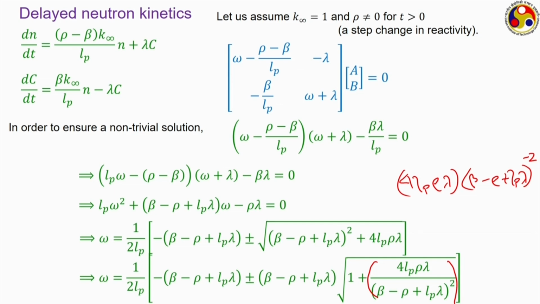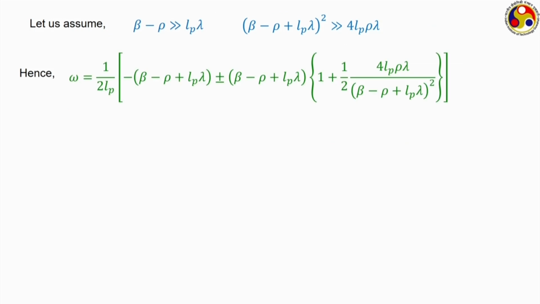As LP lambda is significantly smaller compared to the first term, we have an expansion of this particular form, and then we can have two roots from this, one corresponding to the positive sign and one corresponding to the negative sign.